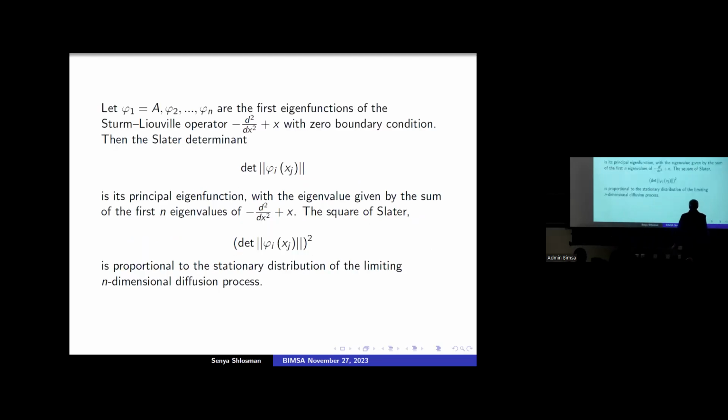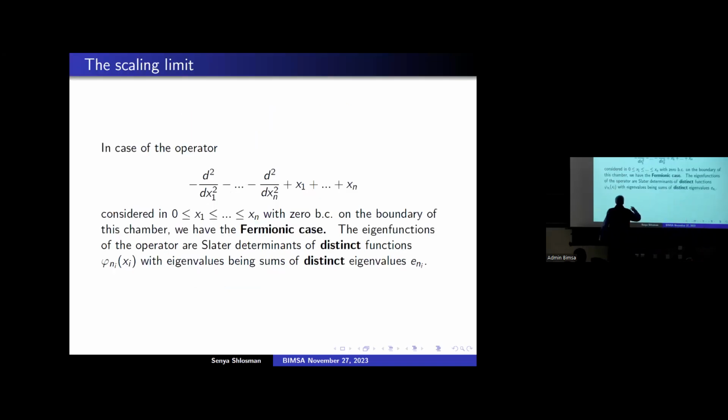You need the functions of n variables, so x_j are those variables from x_1 to x_n. Then you take all your n eigenfunctions phi and form such a determinant. And this determinant is an eigenfunction. Depending on which different eigenfunctions you put in, these determinants are all eigenfunctions of this operator.